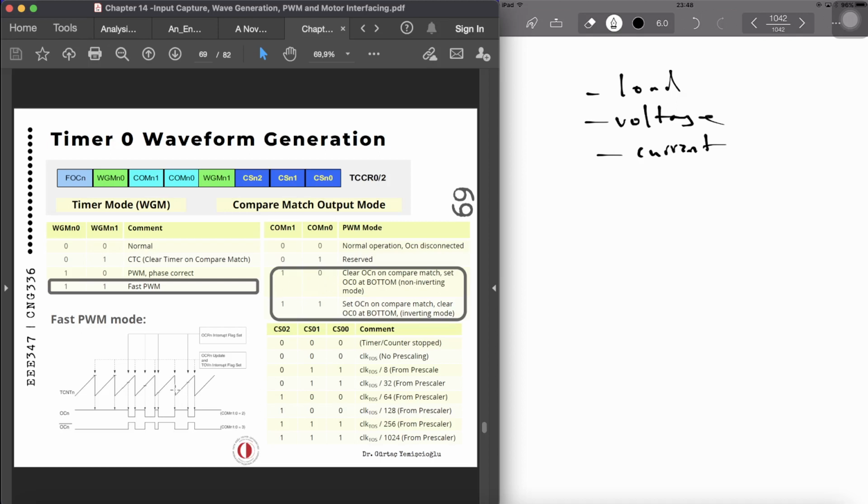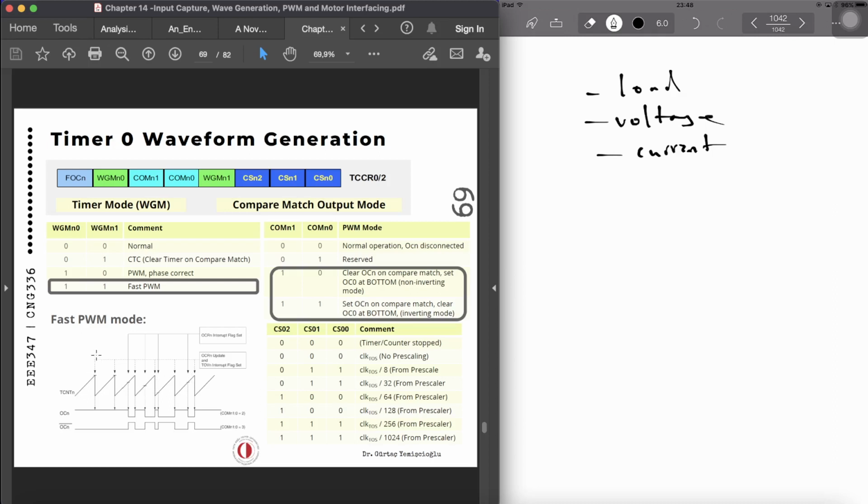This is actually the non-inverting one, and this is the inverting version. Now, what will happen on these points? Depending on the OCR value, you can see that it's toggling. When there's a compare match, it sets the OC0 pin at the bottom. And you can see how it is operated based on the compare matches.